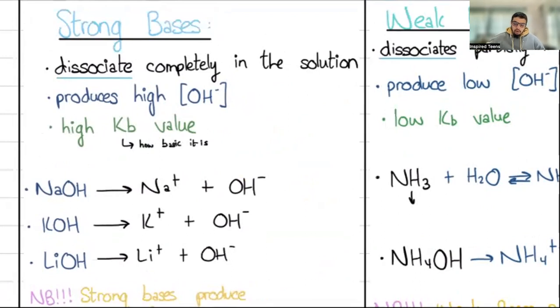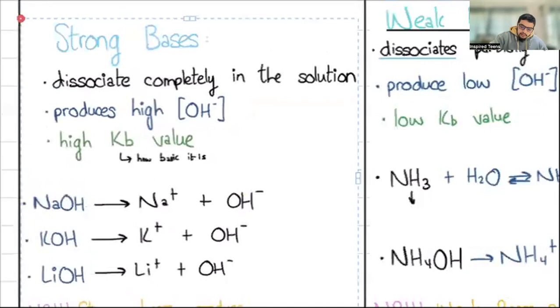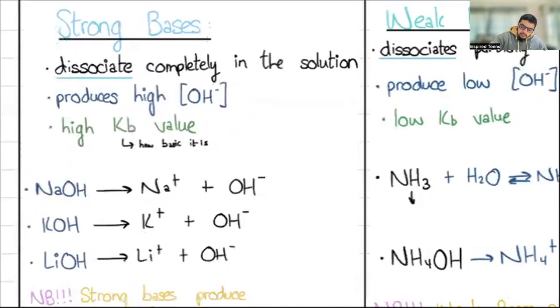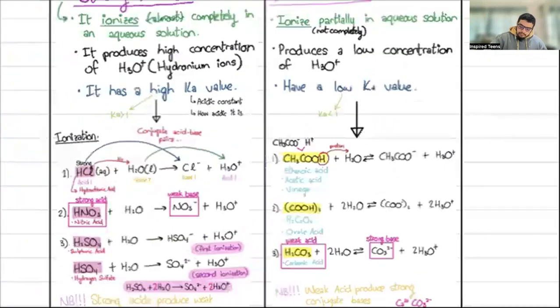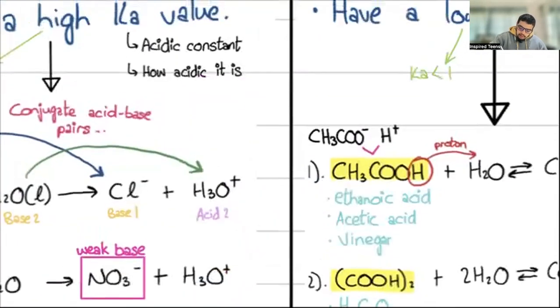So this is known as hydroxide. These are hydroxide ions, and the other one, the H3O, is known as hydronium. These are hydronium ions.